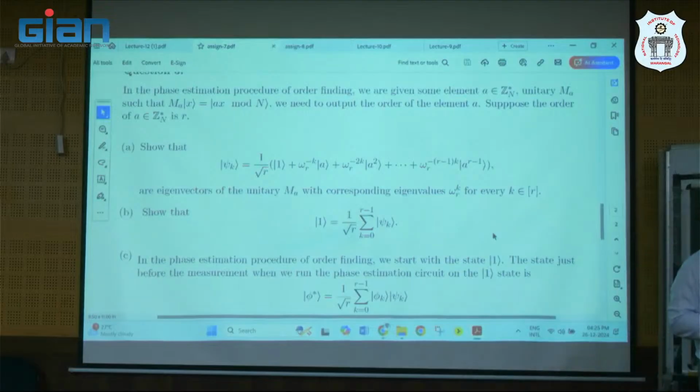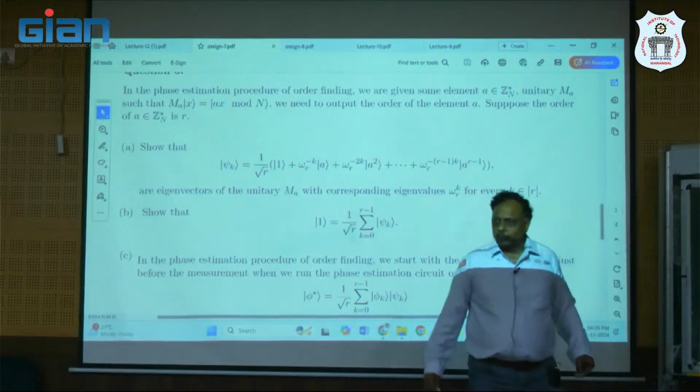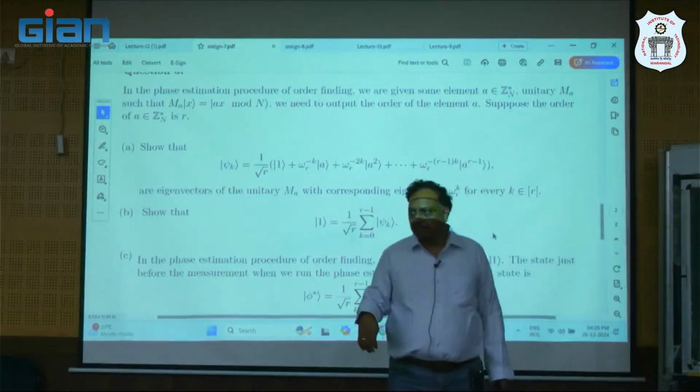Let me write this a little bit. 1 over r, exchange the summation. J equal to 0 to r minus 1, k equal to 0 to r minus 1, omega jk, a to the power j. Agreed? We just collected the sum inside.